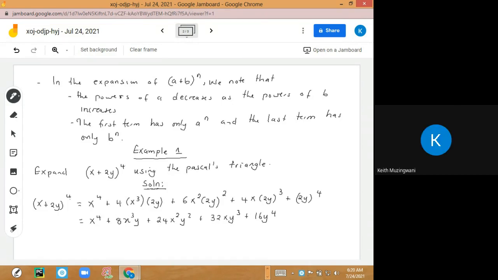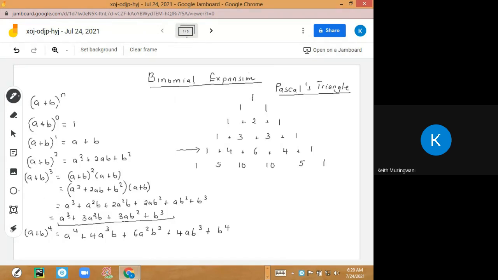So in this case, A is x, B is 2y, and this is to the power 4. So all we're doing is substituting where there's A, we put x, where there's B, we put 2y.